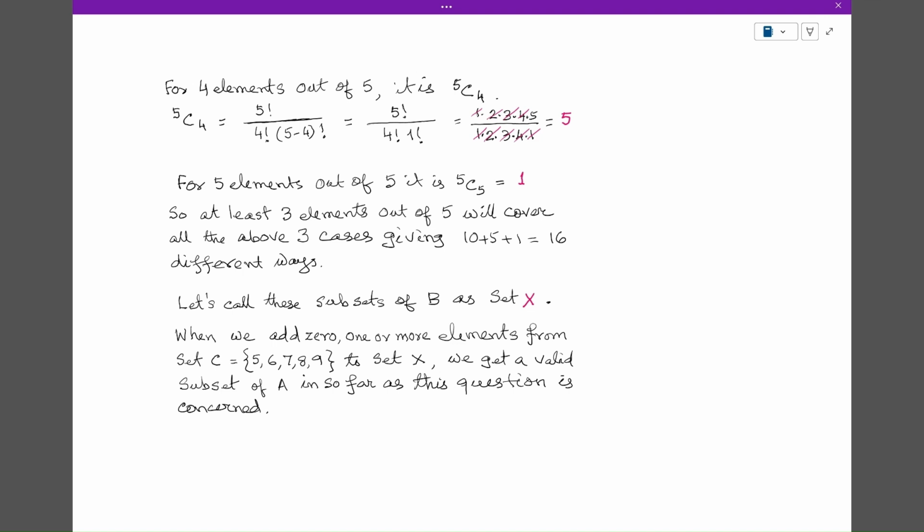When we add 0, 1 or more elements from set C, that is from the set 6, 7, 8, 9 and 10, to set X, we get a valid subset of A insofar as this question is concerned.